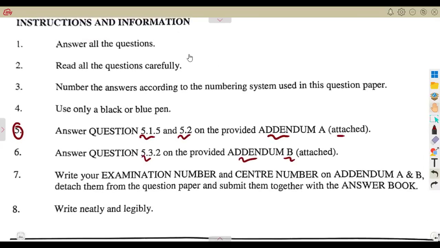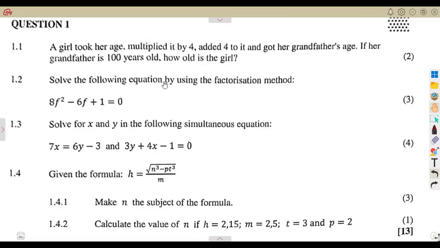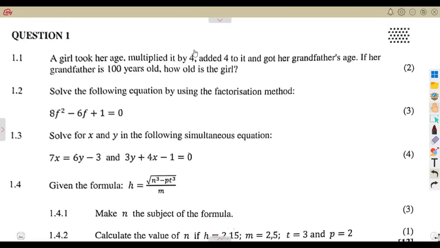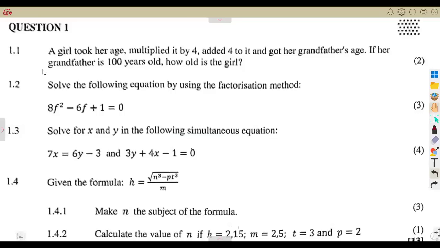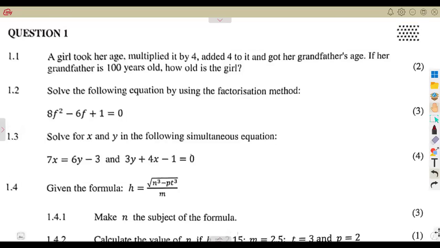So I'm not going to waste much time. I'm going to quickly rush into the questions that we were given, so that we see how we're supposed to attempt these typical questions.